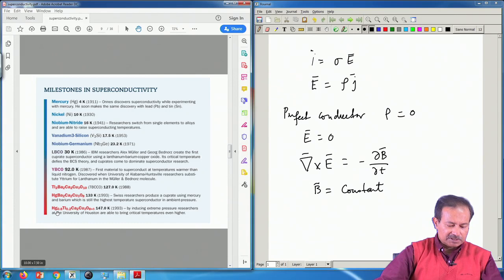As I said, the mercury doped compounds have fairly high Tc, and they are fairly high temperature superconductors.